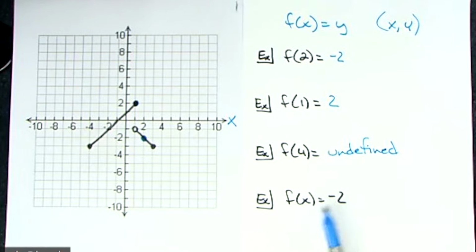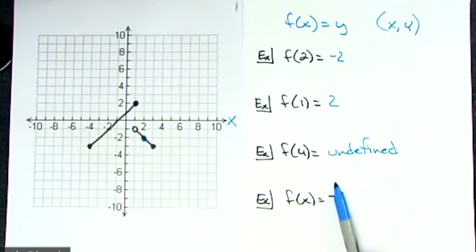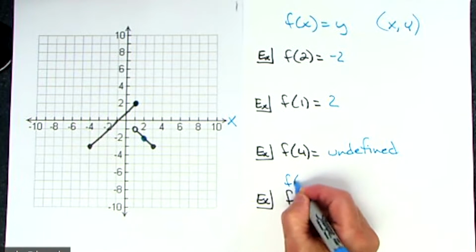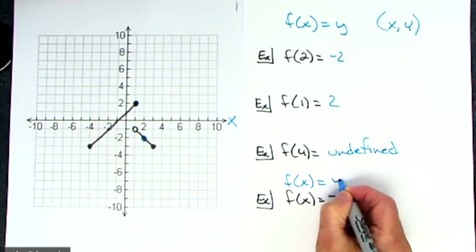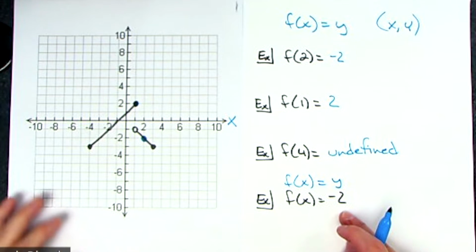Okay, now we did this backwards last time we met, but again, we didn't do it with a graph. We did it with our XY table. All right, stop and think about what this means. This means this is my f of x, and this is the y value. Okay, so in other words, I need to find the ordered pair that ends in a -2, or just go to the y-axis, go to -2.